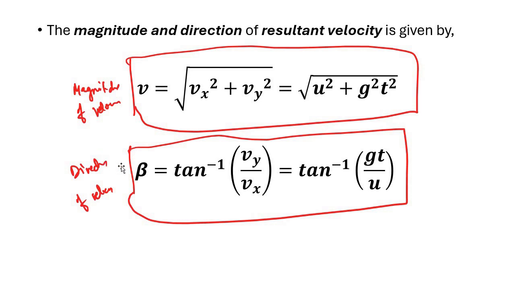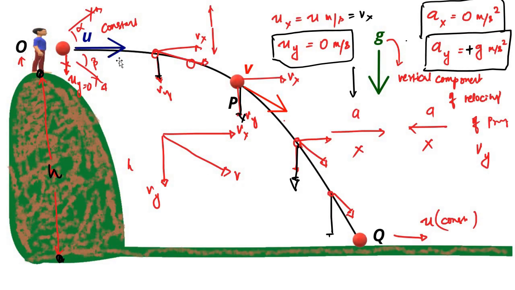So here we have analyzed projectile motion of an object with horizontal projection velocity, with no component along the vertical direction, no oblique or slanting component. Only horizontal projection velocity.